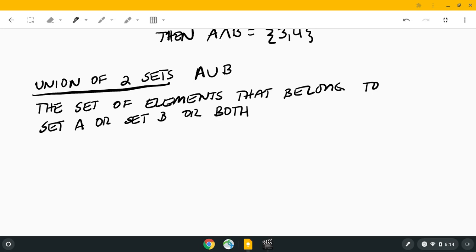So it is essentially everything. Everything that they can muster together.